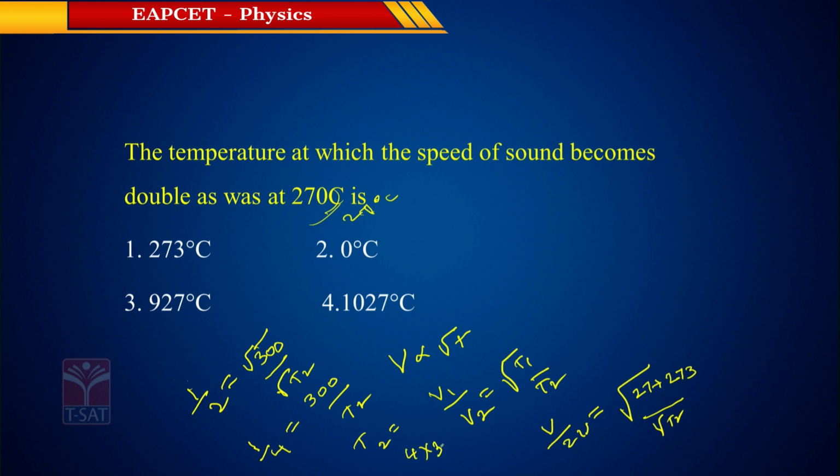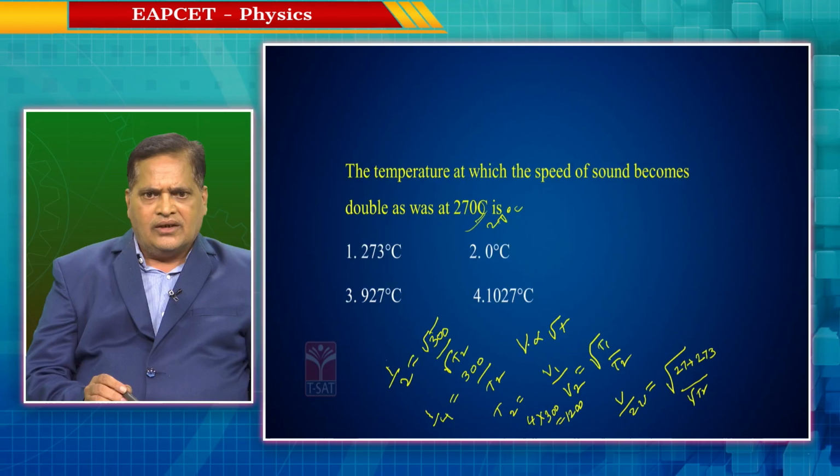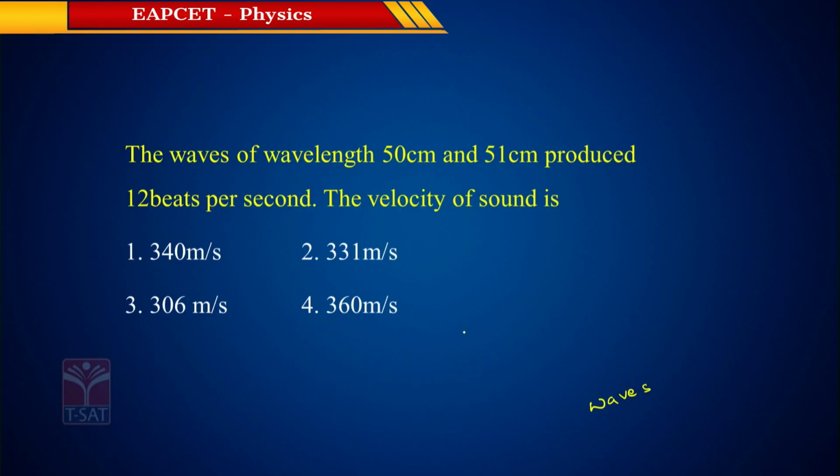Okay, children, 4 into 300, that is 1200. Okay, the answer is 1200. Next: the waves of wavelength 50 centimeter and 51 centimeter produce 12 beats per second.